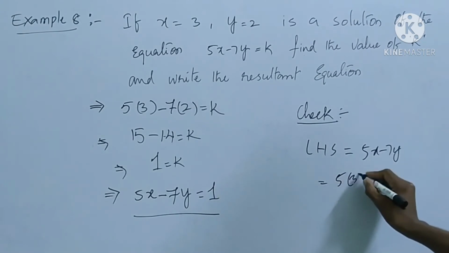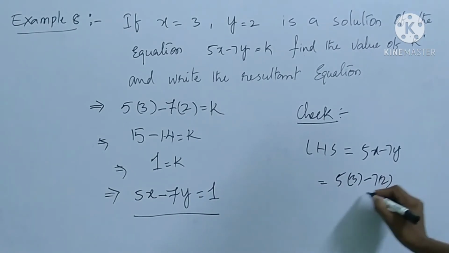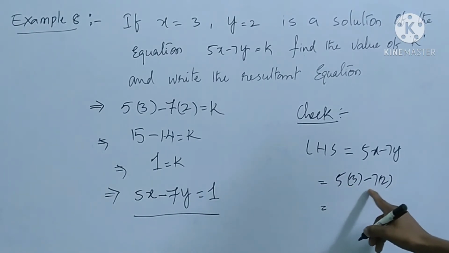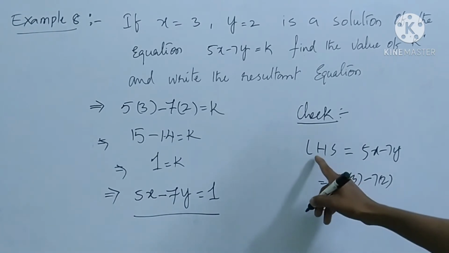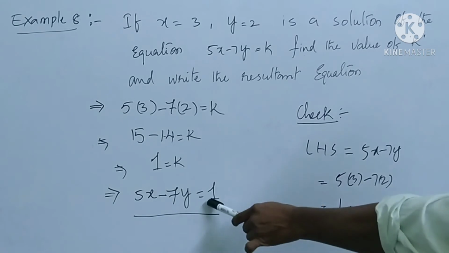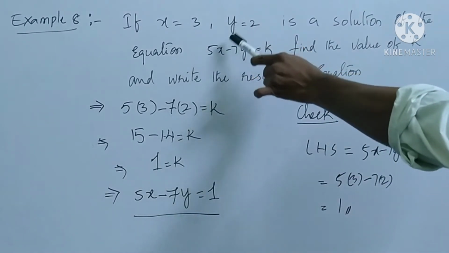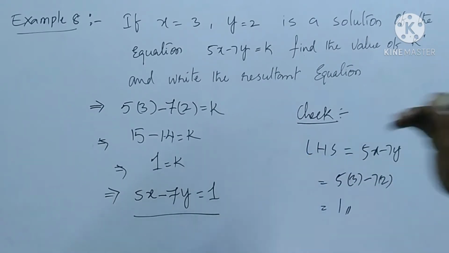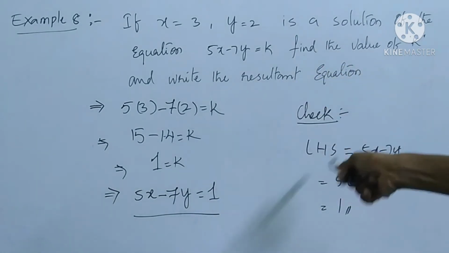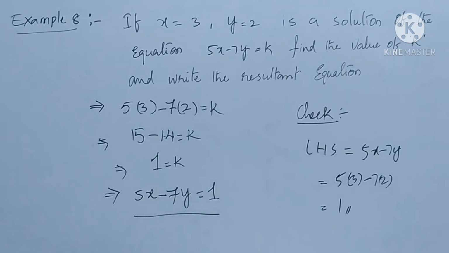So 5 into 3 minus 7 into 2. The result is 5 threes are 15 minus 7 twos are 14. The result is 1. So LHS is equal to RHS. So the given value satisfies the equation when k is equal to 1. So this is the solution of the given example.